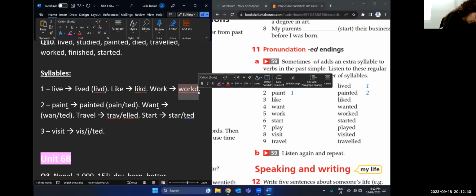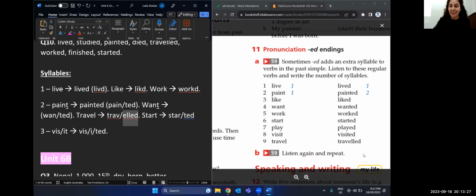And travel is two sounds, travel. But in the ED form, it is still two sounds, traveled. Okay, so now we know how to pronounce the endings of our action words in the past.